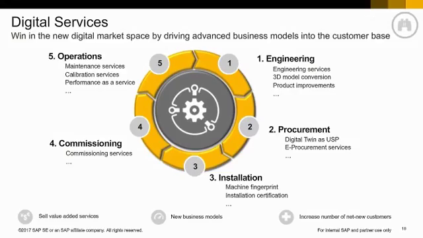With SAP Asset Intelligence Network, you can help your customers meet new market requirements by developing new business models supported by digital services along the entire business lifecycle, namely engineering, procurement, installation, commissioning, as well as ongoing operations.